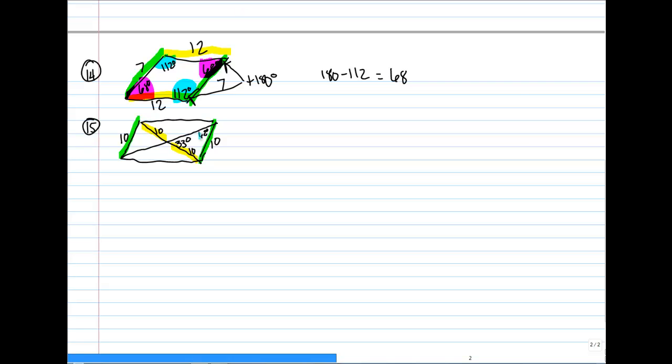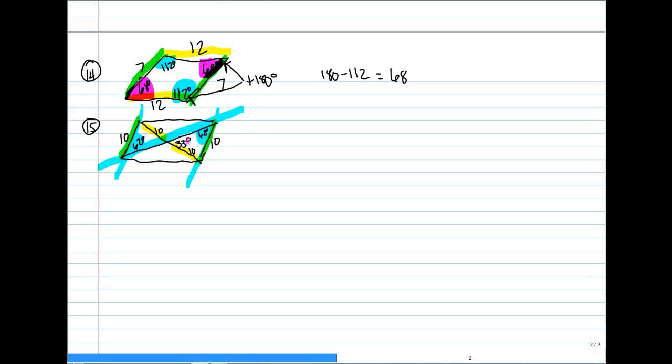If this is 62, you see how this is two parallel lines cut by a transversal. So the 62 and this angle right here are alternate interior angles, which are congruent, which makes this 62 degrees also.